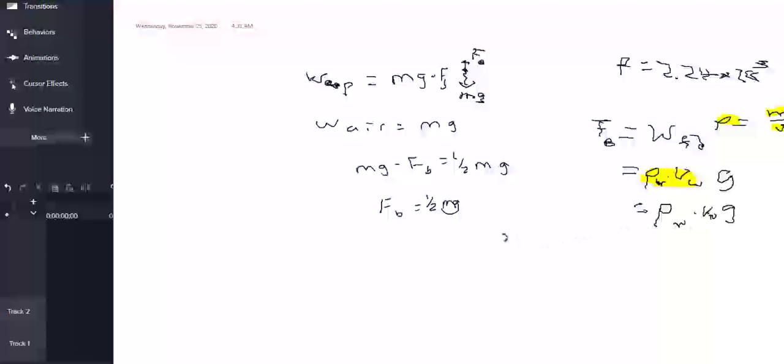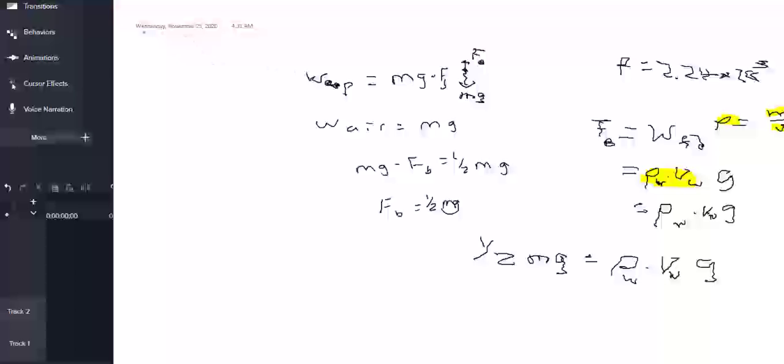So 1/2 mg equals the density of water times the volume of water times g.